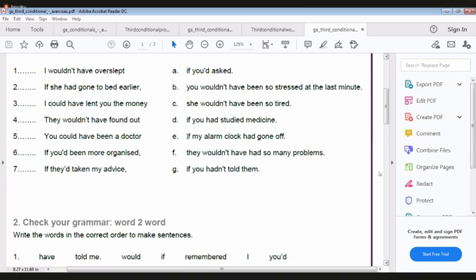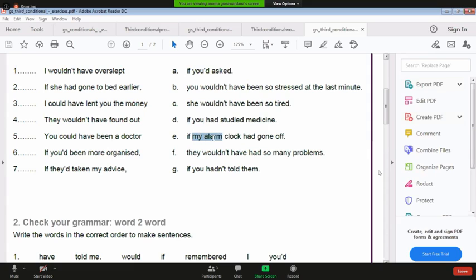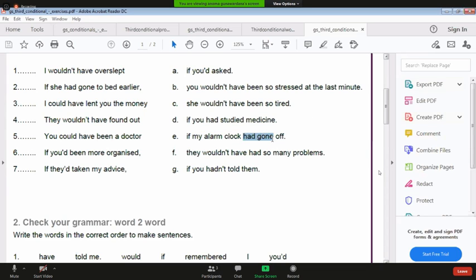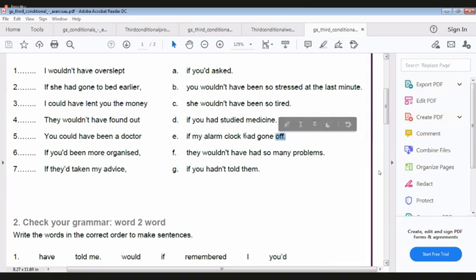So here in the if clause we have if, my alarm clock is the subject, and had gone off is the whole verb. It's a phrasal verb. Right. Second one, Tarinder.